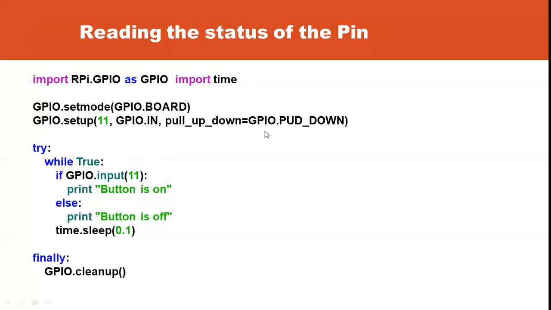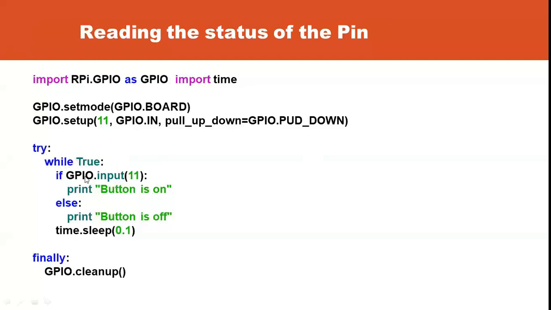Along with that, we are using one variable, pull_up_down, which is equated to pull_down. Which means we are connecting a button to pin number 11.